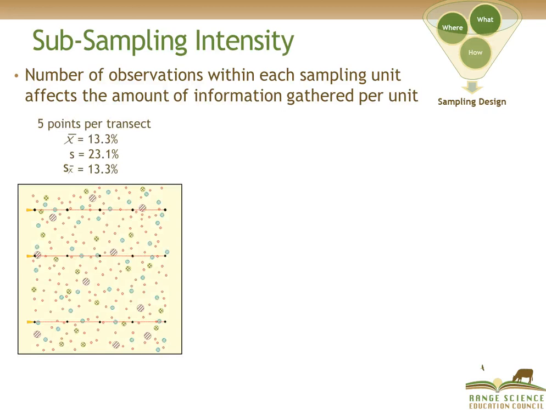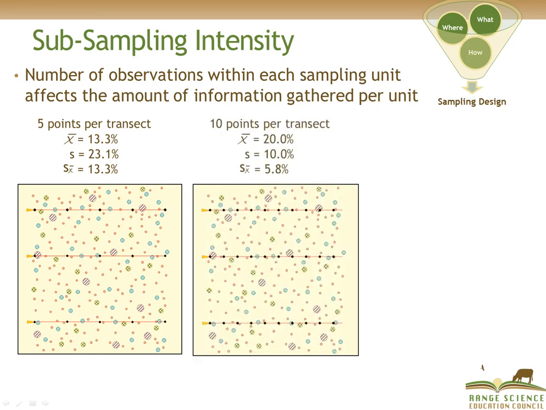Subsampling intensity, or the number of observations that are measured within each sampling unit, affects precision because this influences the amount of information that is gathered per sampling unit. Here we see first an example of a schematic vegetation diagram with 3 transects, and we're measuring cover at 5 points along these transects.